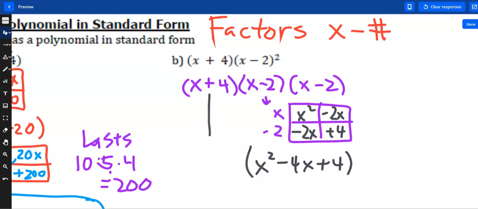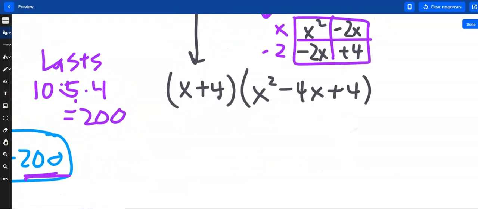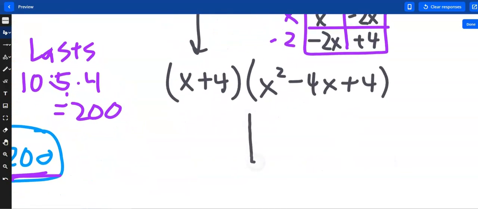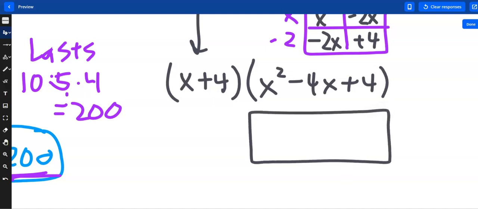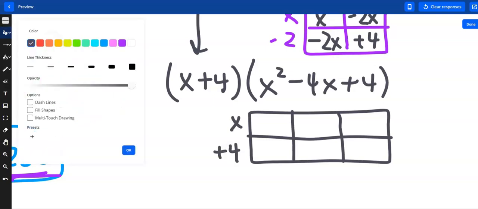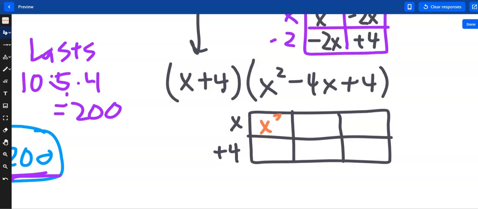And now I'm going to multiply that by the one that I skipped at the beginning. All I'm doing is using a bigger box, folks. x cubed minus 4x squared plus 4x squared minus 16x and a plus 16.